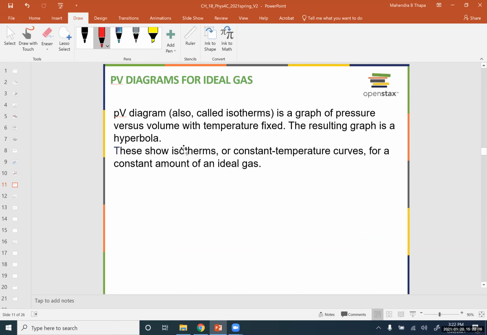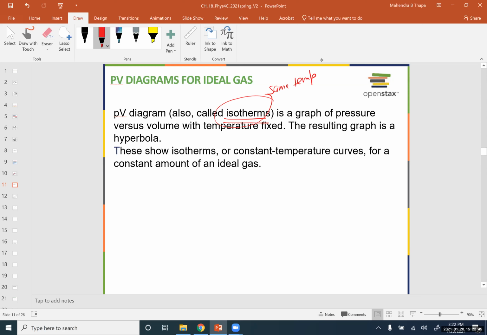So let's start with the PV diagram for the ideal gas. In general, the PV diagram for an ideal gas is also called isotherms. You can guess from this term, iso means same, therm means temperature. So it represents the same temperature.